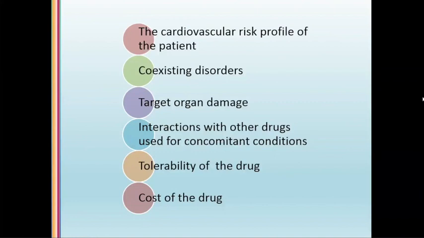If my patient has hypertension with diabetes, then the choice of treatment is an ACE inhibitor. If my patient already has cardiovascular disease, then I will give a beta blocker, for example. Obviously, they will be on an ACE inhibitor as well. Any cardiovascular disease automatically gets an ACE inhibitor.